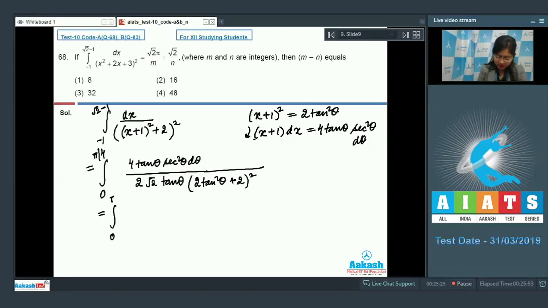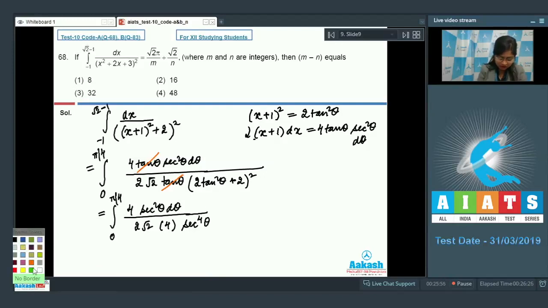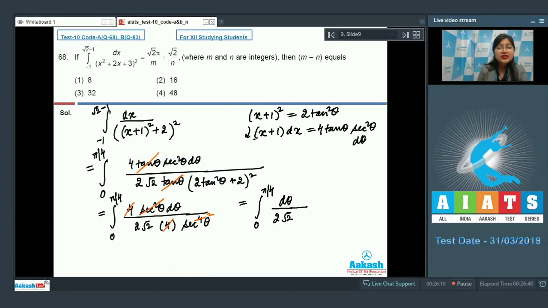So this is equal to the integral from 0 to π/4, 4 into, cancelling tanθ on both sides, we get 4 sec²θ dθ upon 2√2, taking 2 common, we get 4 times (1 + tan²θ), that is sec²θ whole square, that is sec⁴θ. Now cancelling some terms, we get sec²θ, here we get 2. So this is equal to the integral from 0 to π/4 of dθ upon 2√2, 1 upon sec²θ, which can be written as cos²θ.